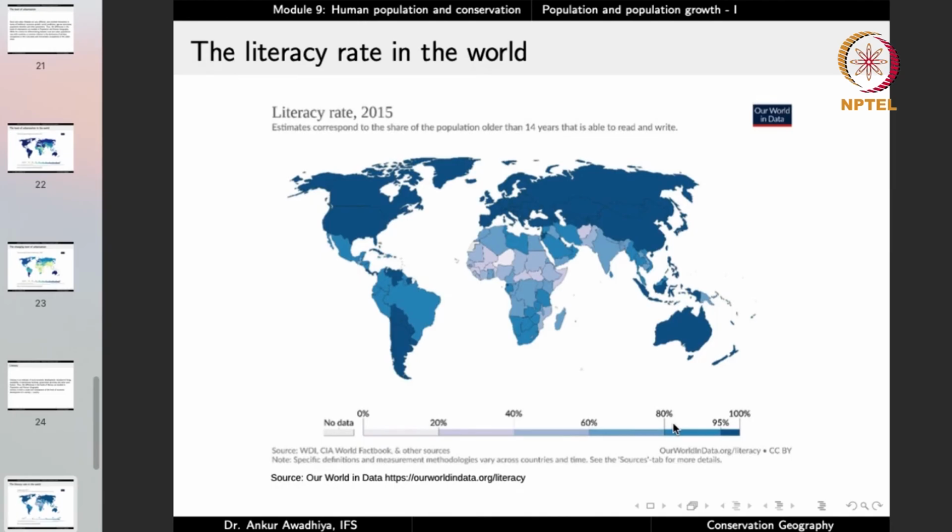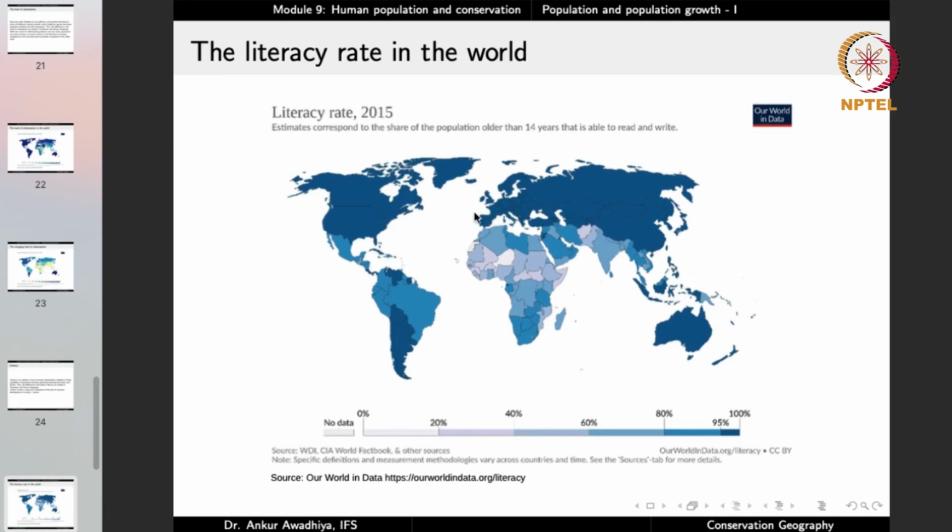And currently, if you look at the literacy rate, then there are a large fraction of areas where the literacy rate is very high. So most of North America, a major chunk of South America, all of Australia, all of Europe, a major chunk of Asia, and some parts in Africa have a high literacy. Whereas there are certain portions where you have low literacy.